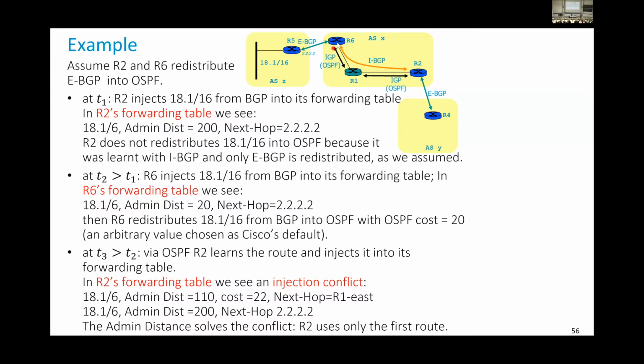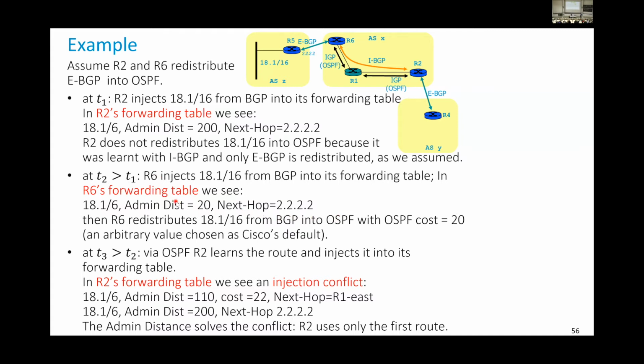Now let's continue. Assume a bit later, or all those things are happening in parallel. It may not necessarily occur in the order that I said. Let's assume R6 here injects at a later time the route 18.1 into its forwarding table, right? And it will therefore be redistributed from BGP into OSPF here.